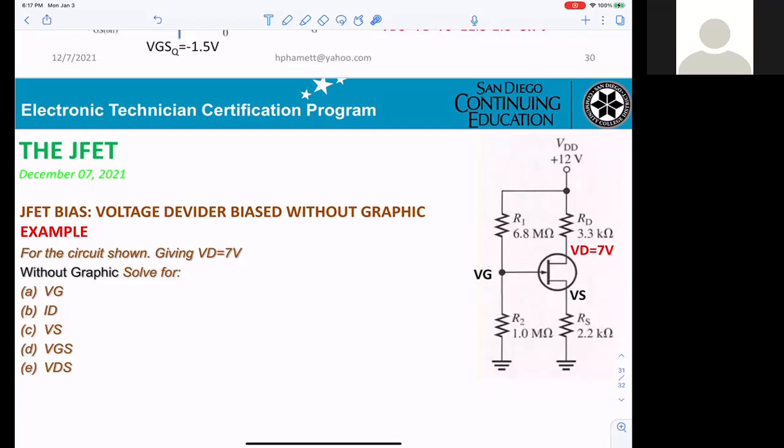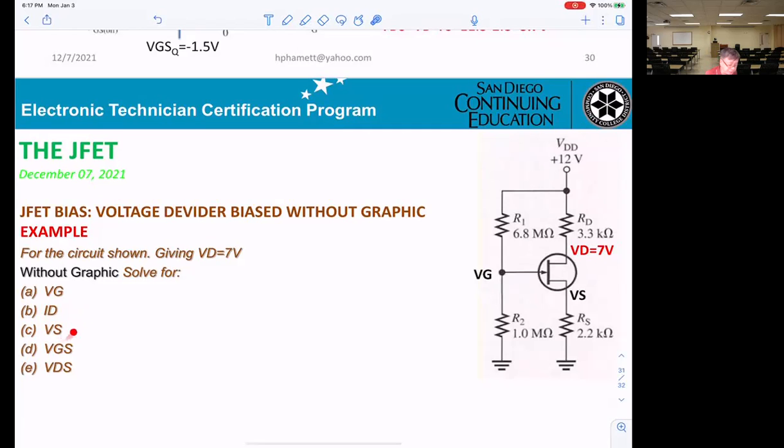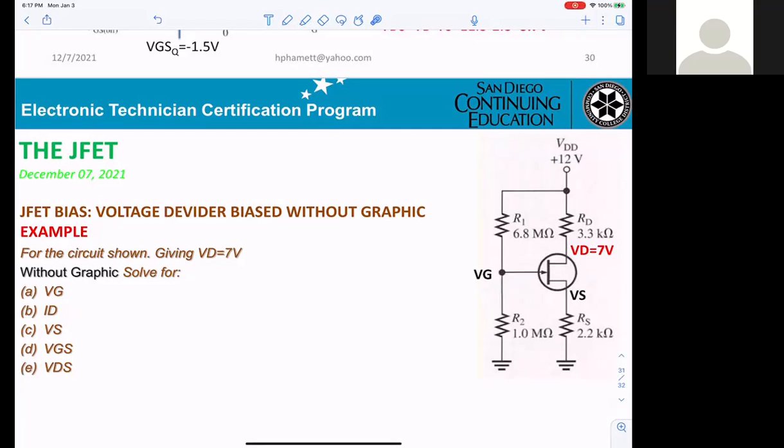IS is almost equal to ID. Exactly. Yeah. And what does VS equal? The thing in number C, they want to calculate the VS. Tell me, how do I calculate it, what formula?